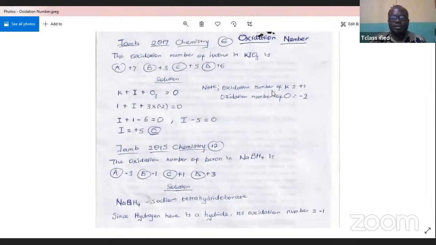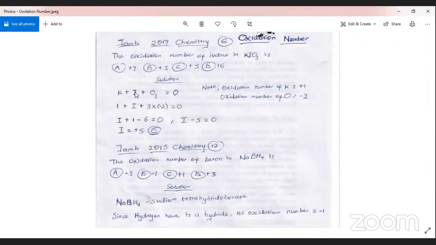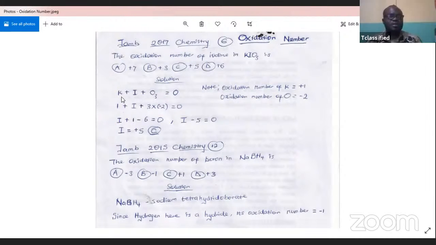From there, the oxidation number of potassium is +1, that of oxygen is -2. The summation of the oxidation numbers of the elements in a neutral compound is normally 0. So we have the oxidation number of the potassium plus that of the iodine plus that of the oxygen.